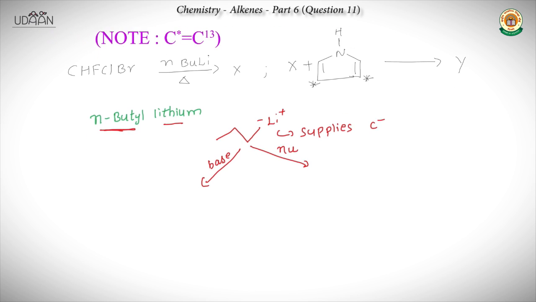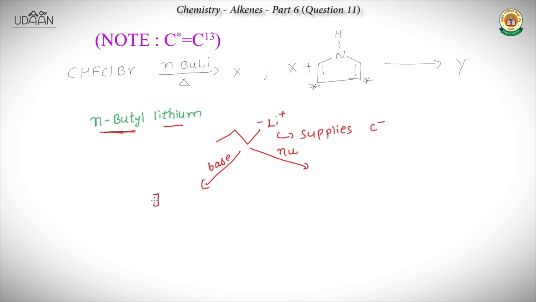If there is any acidic hydrogen, this symbol means there exists. If there exists any acidic hydrogen in the mixture, it acts as a base. If there is no acidic hydrogen and if there is any electrophilic site, then it acts as a nucleophile.